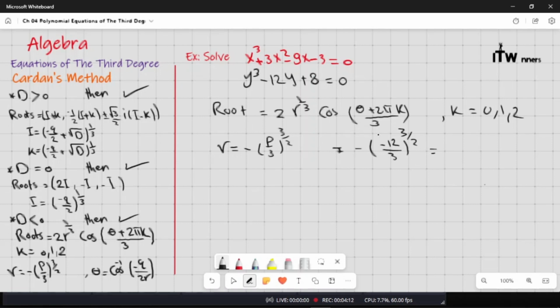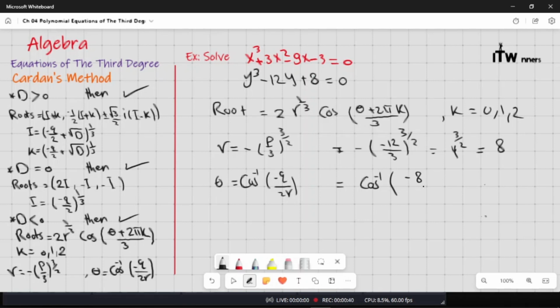Then r here equal to 4 power 3 by 2. So r equal to 8 and theta equal to cosine inverse of negative q by 2r. So here this will be cosine inverse, where q equal to 8.